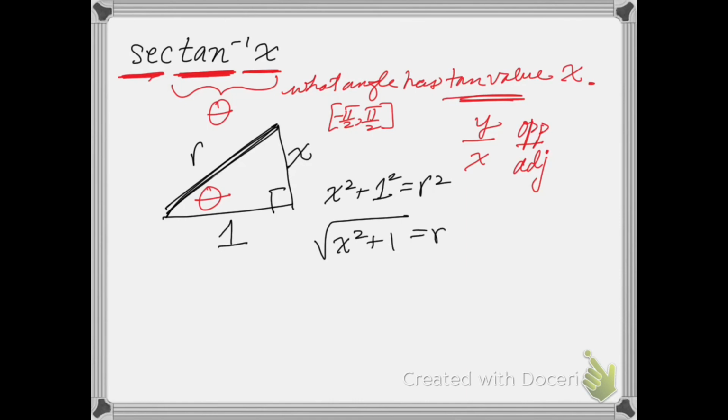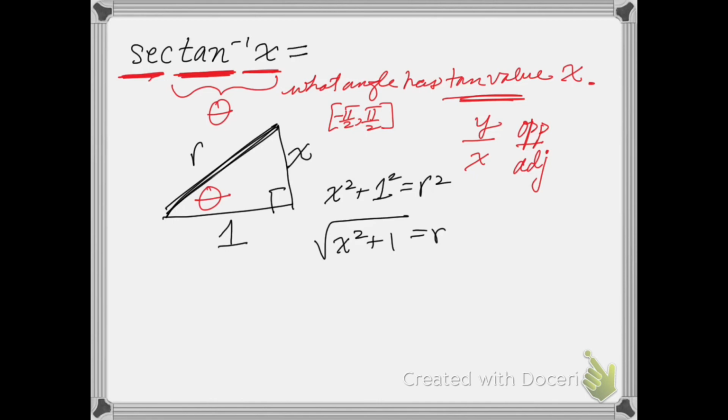So now I've got r. And what do I want? I want the secant of this angle. Well, secant is the reciprocal of cosine. Cosine is adjacent over hypotenuse, so secant is hypotenuse over adjacent.